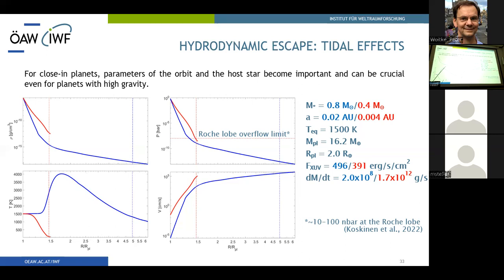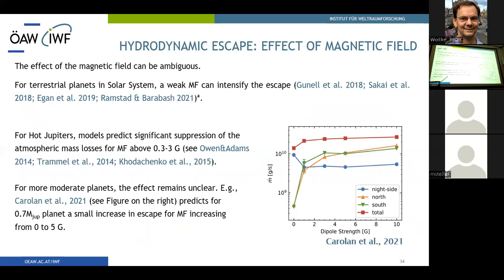And the atmosphere is very dense at the Roche slope, which results essentially in a Roche slope outflow. So simply, the atmosphere is not gravitationally bound to the planet in this case. Again, the case I show here is very extreme. But also for more moderate planets, tidal effects can have a significant effect, specifically for low mass close-in planets.